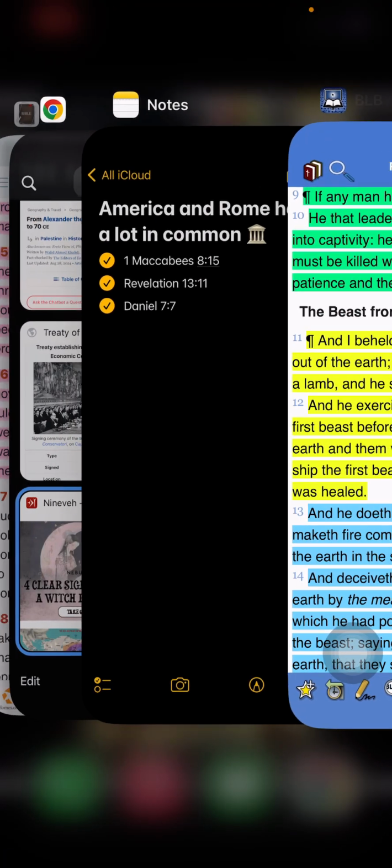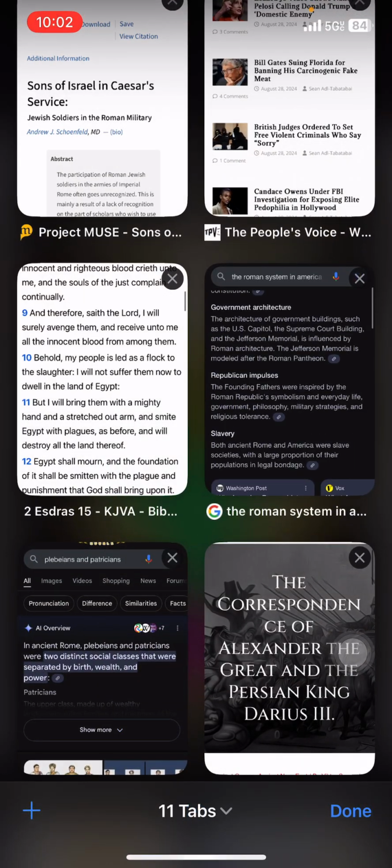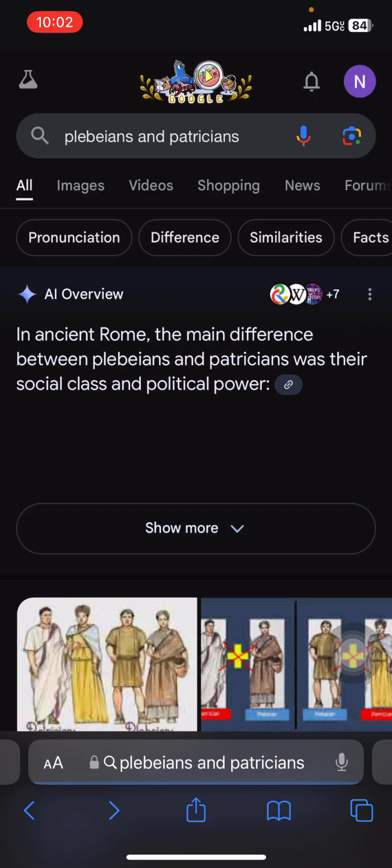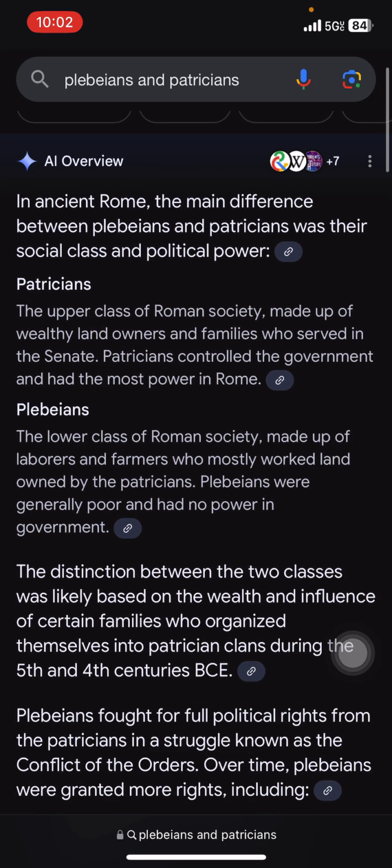Which goes back to, let me get it over here. It says the plebeians and patricians, right? It says in ancient Rome, the main difference between plebeians and patricians was their social class and political power.